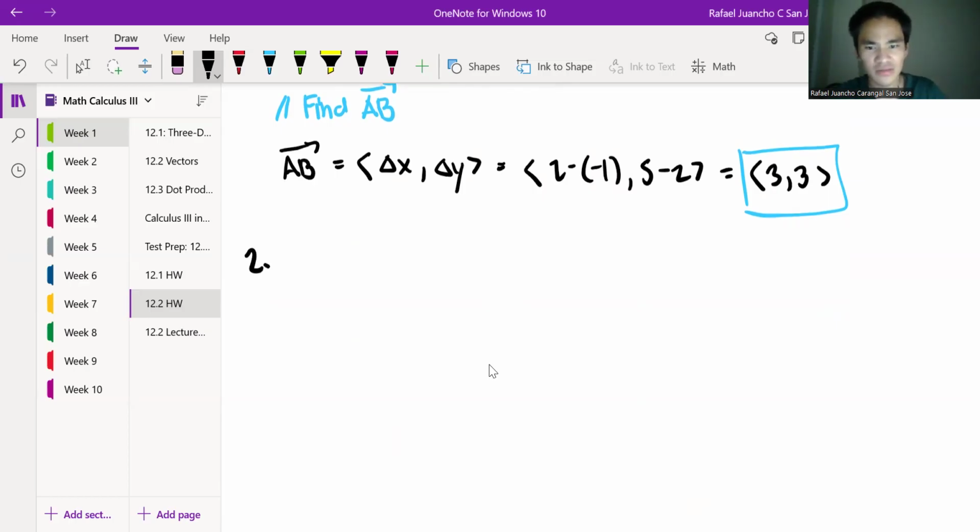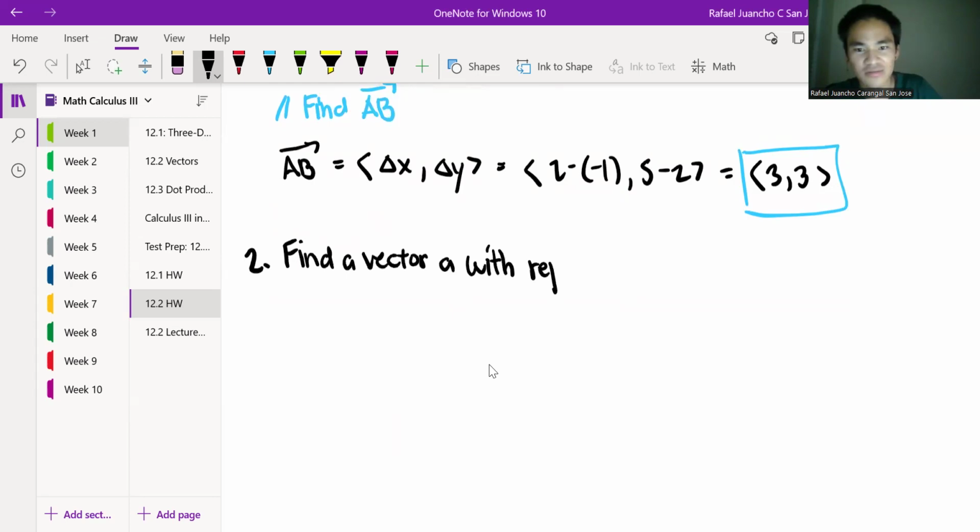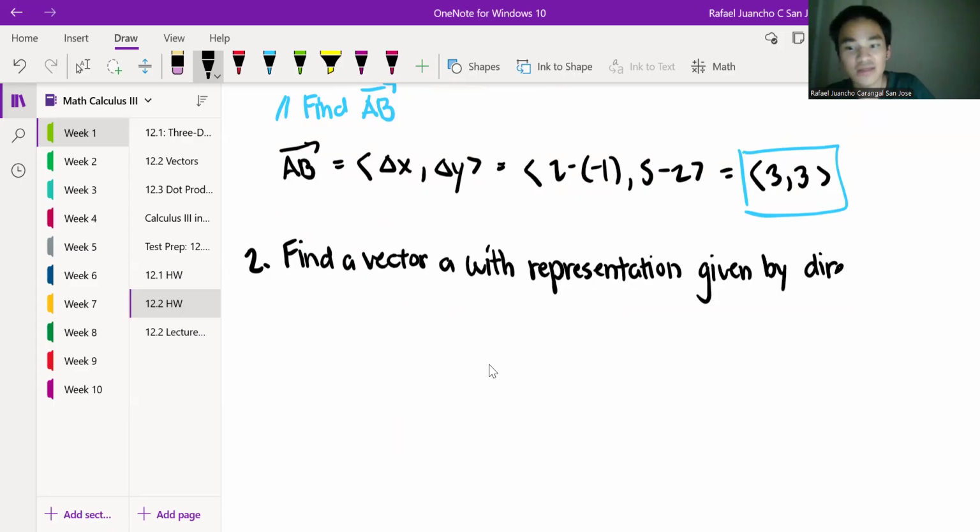And here, so we want to find a vector A. Sorry, I muted my mic. A vector A with representation given by directed line segment, AB.